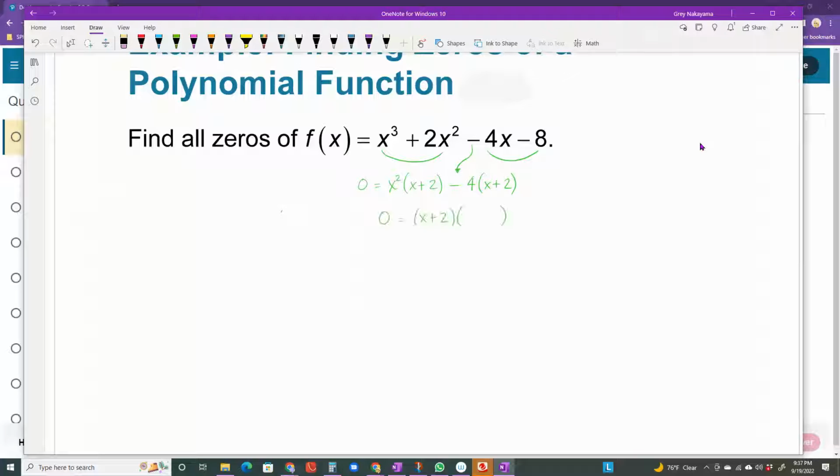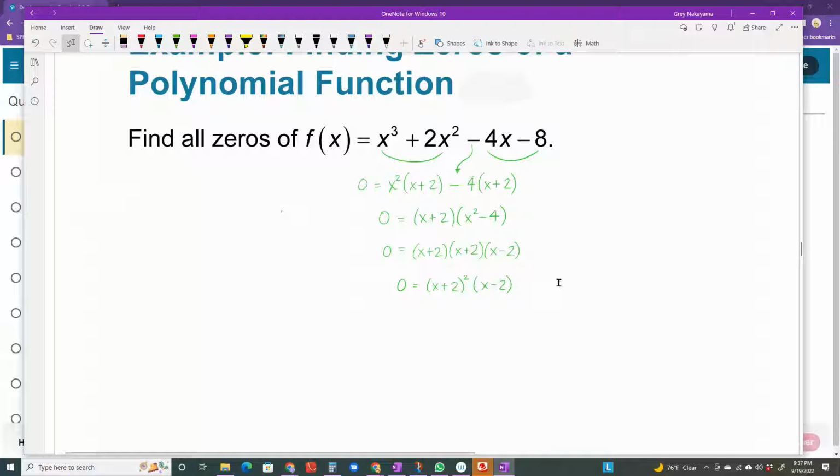My common factor here is an x plus 2, leaving me with x squared minus 4. And that can go further because that's the difference of 2 squares. So that gives us x plus 2, carrying that one down, and x squared minus 4 becomes x plus 2 times x minus 2. So you want to write that as x plus 2 quantity squared because I have 2 of these factors.